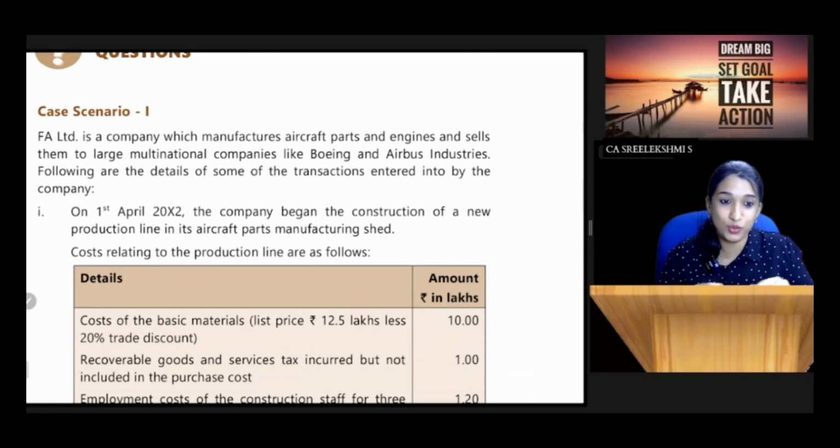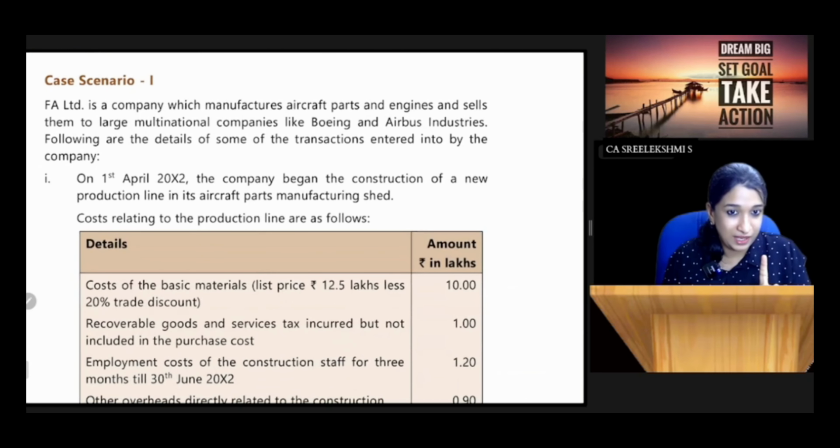And those 5 MCQs are not given in order. It's spread over. Maybe question number 1 is from the first case study, question number 2 is from maybe the second or third case study. So what I am planning to do is I'll read this case scenario 1 and case 1 and we'll do the related MCQs. So listen carefully.